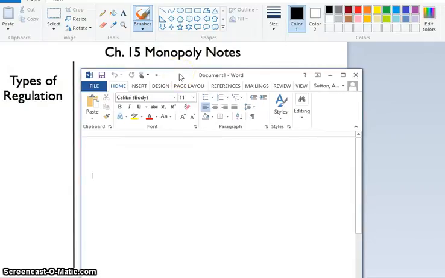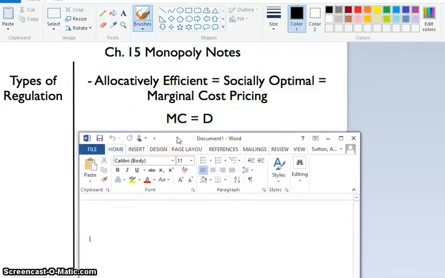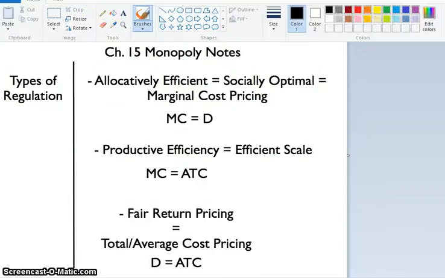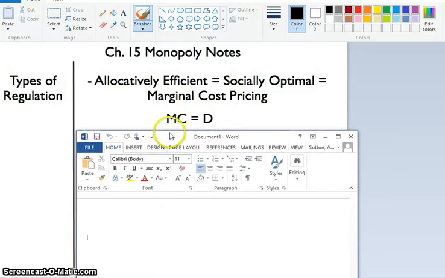So the first rule here is what we call allocatively efficient, or allocative efficiency. But you notice I say allocatively efficient equals socially optimal equals marginal cost pricing. They're all the same. And the deal is, I think on a worksheet I might give you, you see marginal cost pricing.